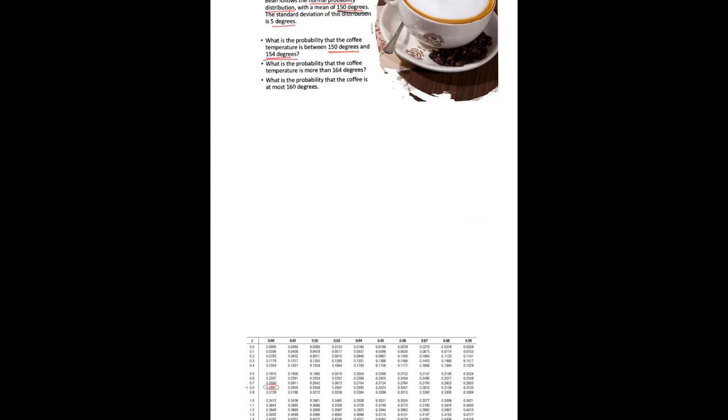Okay, let's go on to question 2 and follow the same steps. Here we're looking for coffee. What is the probability that the coffee is more than 164 degrees? So first thing we do is we're going to transform this. We're looking for the probability that x is greater than or equal to 164 degrees. So let's convert the x into a z.